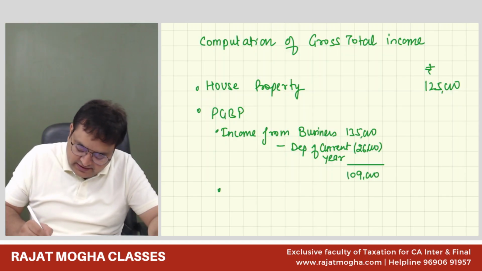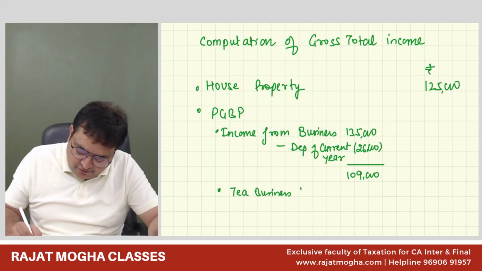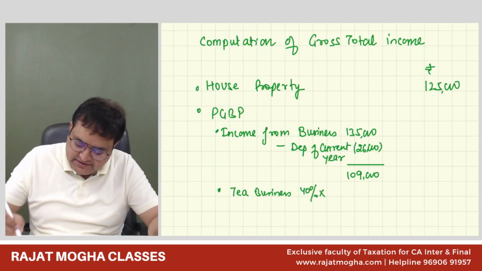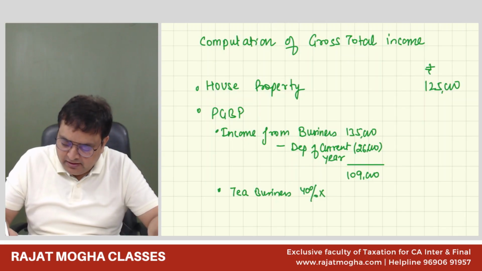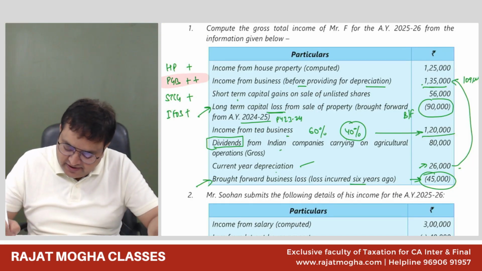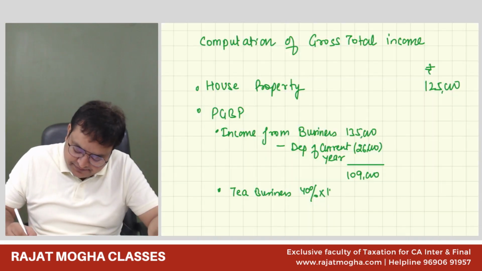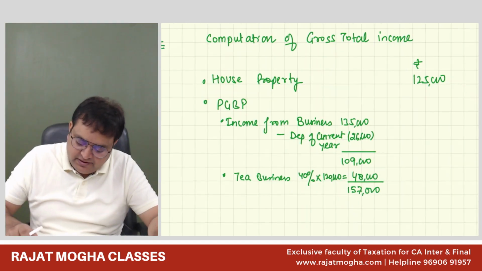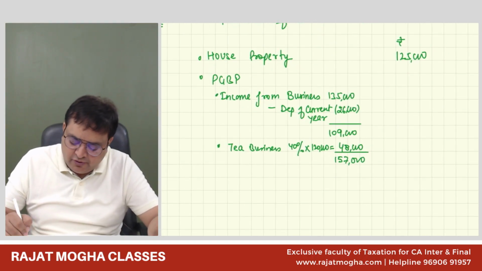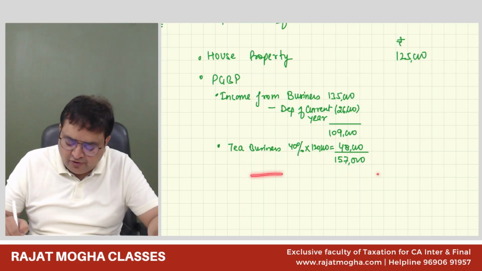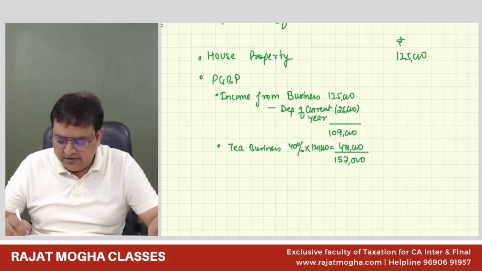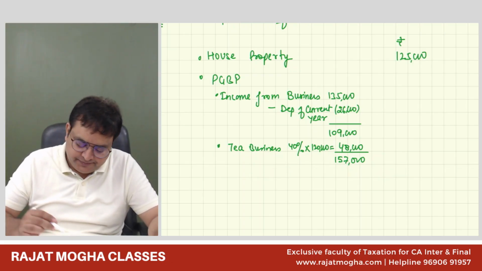Then we have a tea business also, and 40% of it would be taxable as PGBP, 60% is exempt agriculture. So 1,20,000 into 40%, 48,000. 1,57,000 is my PGBP. So I am keeping it in my inner column. Why? Because I will be setting off my brought forward business losses also from here. So we can leave 1 or 2 lines over here.